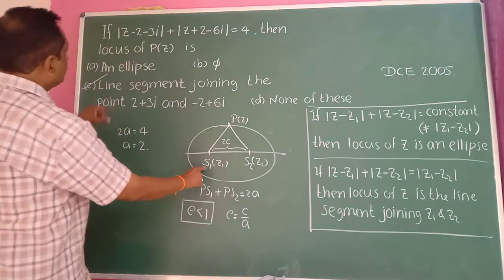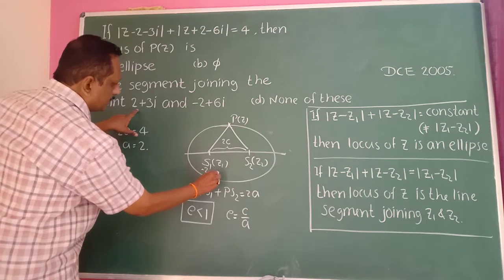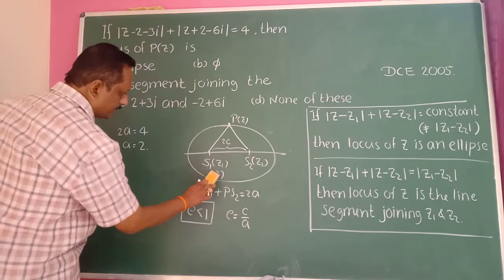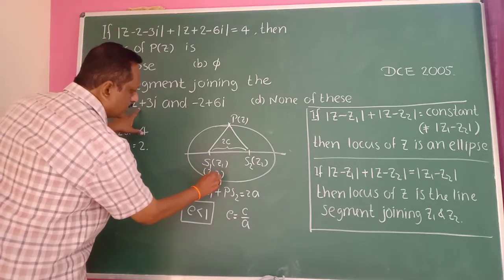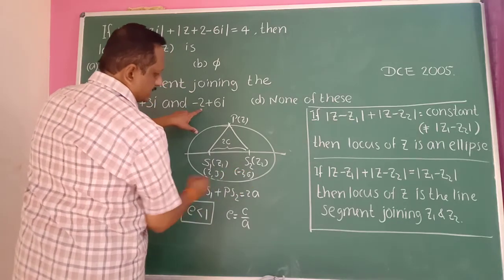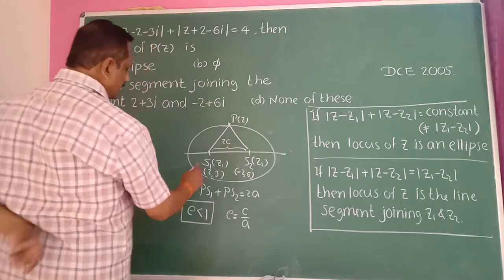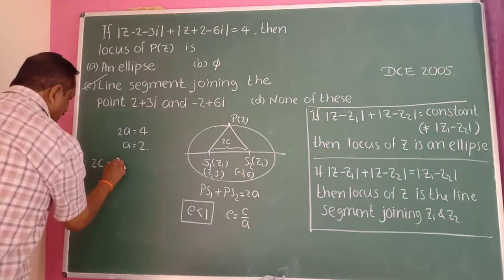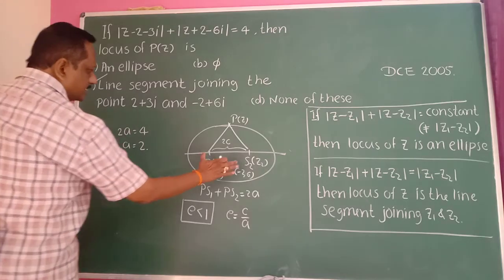The coordinate of this point is 2, 3, and the coordinate of this point is minus 2, 6. So Z1 is (2, 3) and Z2 is (minus 2, 6). Here 2C means the distance S1S2.